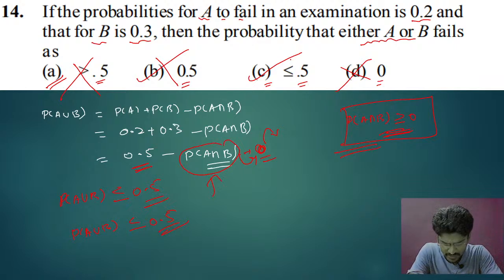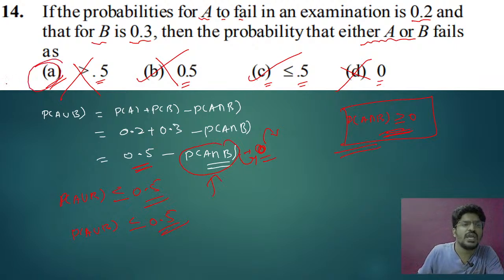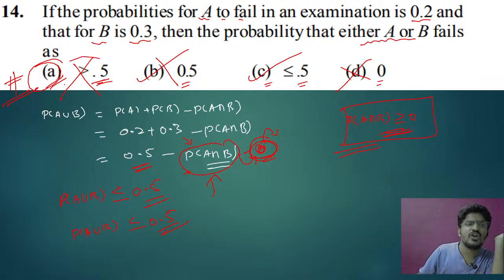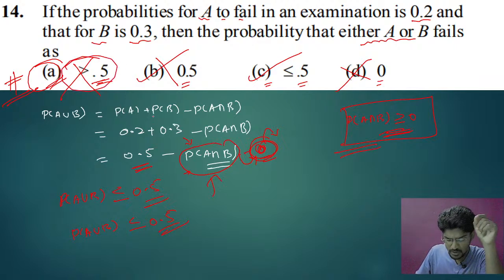I think everyone has understood this. Why not 0.5? Because A intersection B has got two choices. That's why it cannot be only 0.5.